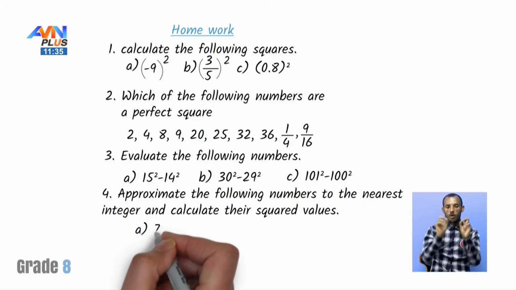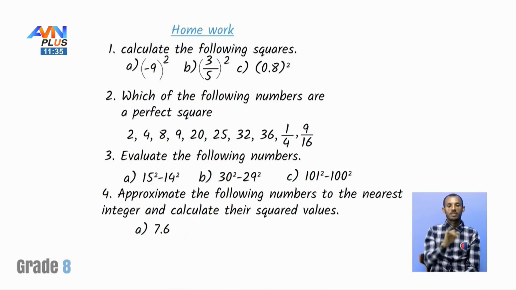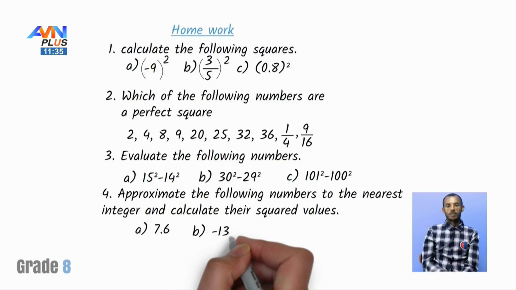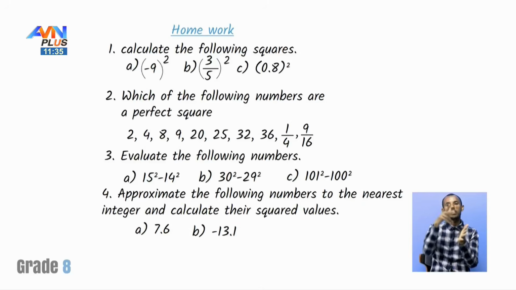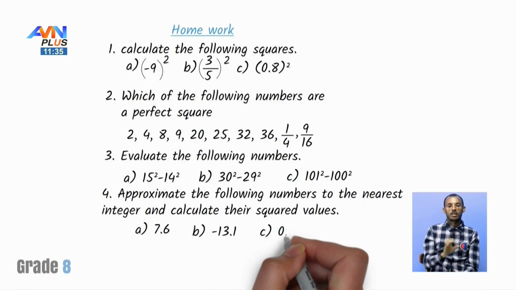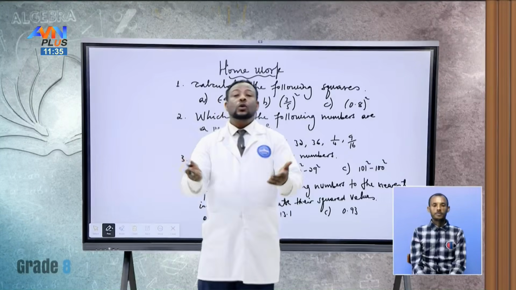Okay, the first one is 7.6. Take the second one, minus 13.1, and the third, 0.93. Okay, so this is all for today.